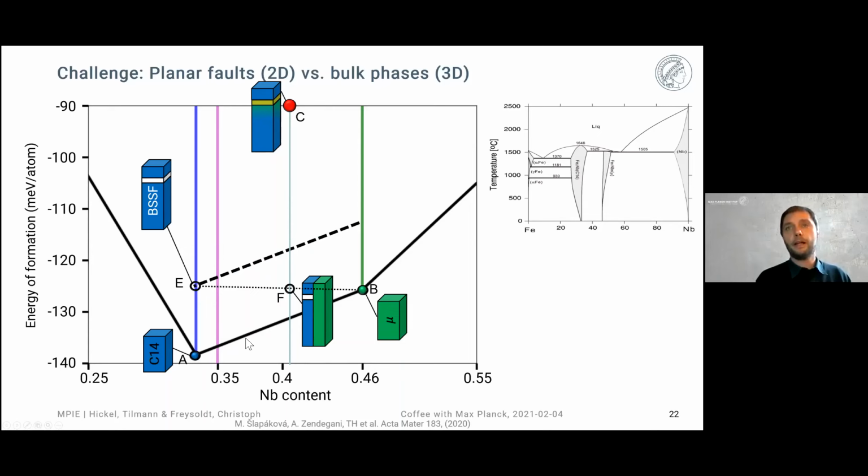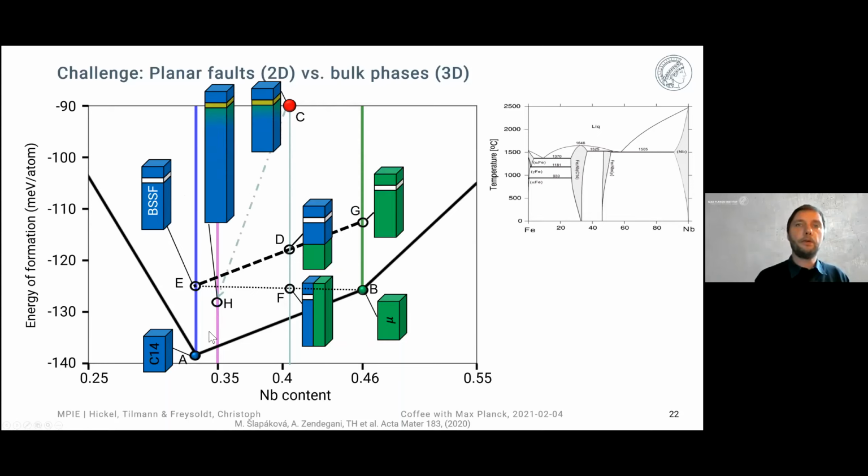We take a parallel line to this one, and we need to compare the energy of such a stacking-fault with such a scenario where we have niobium-free defects and a mu phase in addition. We have to rescale results to the proper composition. So we have 35% niobium and make this comparison for this composition. And then this energy difference between these two points tells us something about the relative stability of a defect with respect to the bulk phase separation.